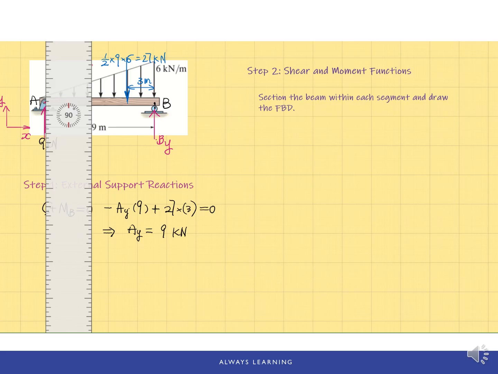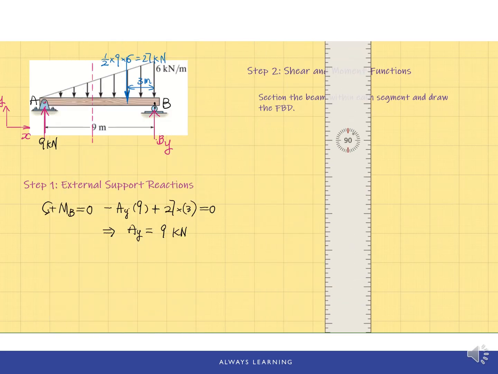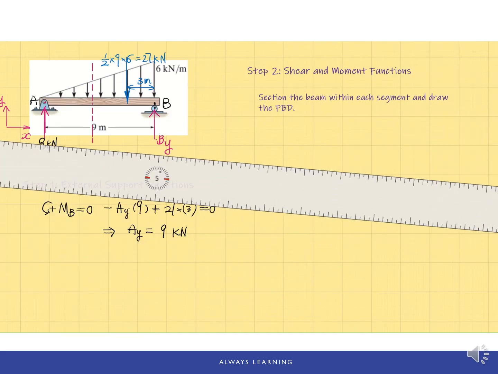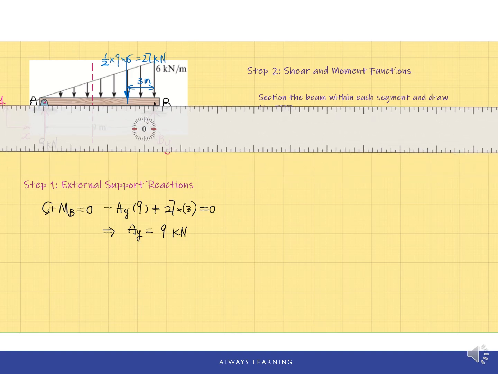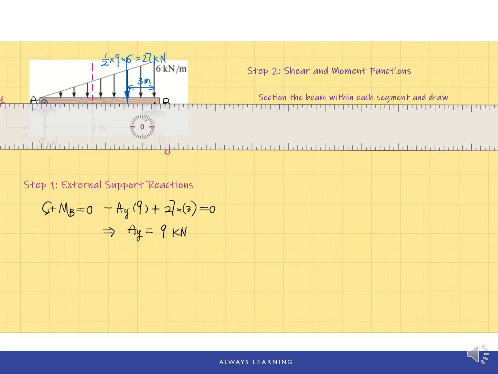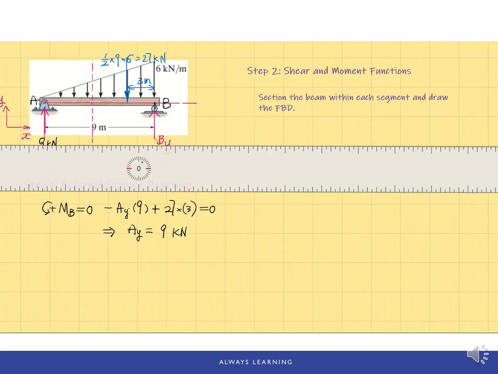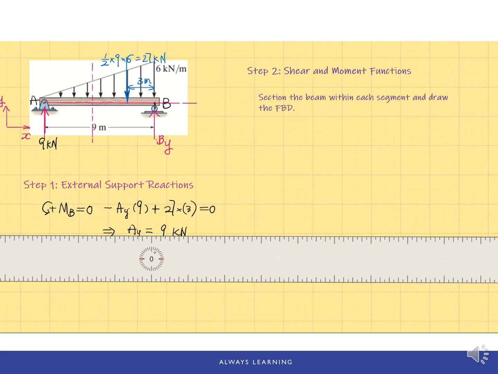Let's run an imaginary cut at an arbitrary location X from point A, and we're going to draw the free body diagram of the left segment. So again, don't forget the x-axis. Let's draw the x-axis on this beam as well. The x-axis extends from the left end along the axial direction of this beam.